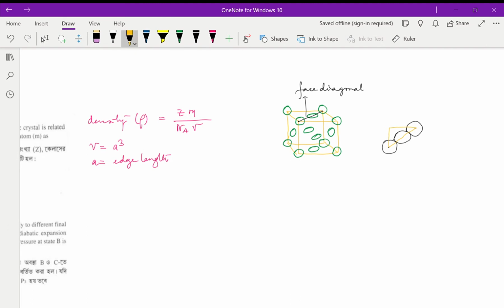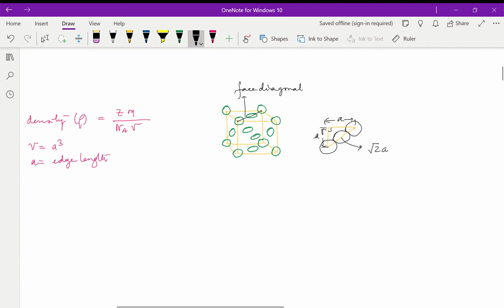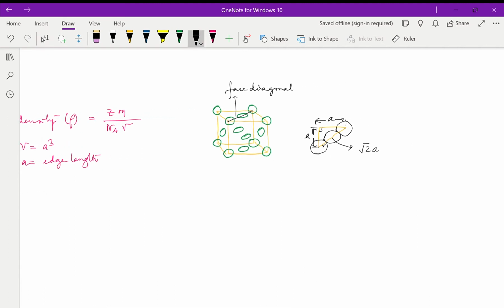from here to here, this is the a, and from here to here, this is the a, from here to here, this is the edge length a. So using Pythagoras theorem, we can call this face diagonal to be root 2 a, and that is equal to what? r plus 2r plus r.